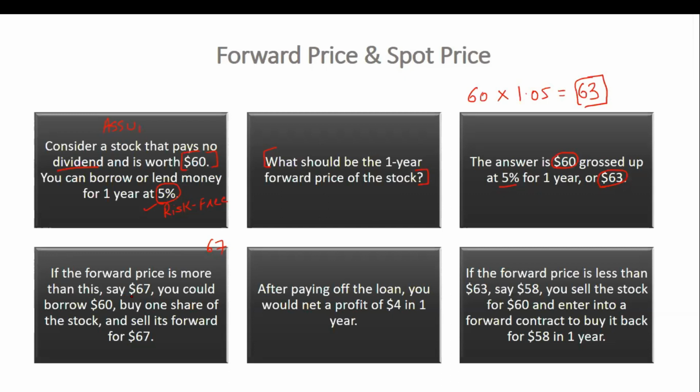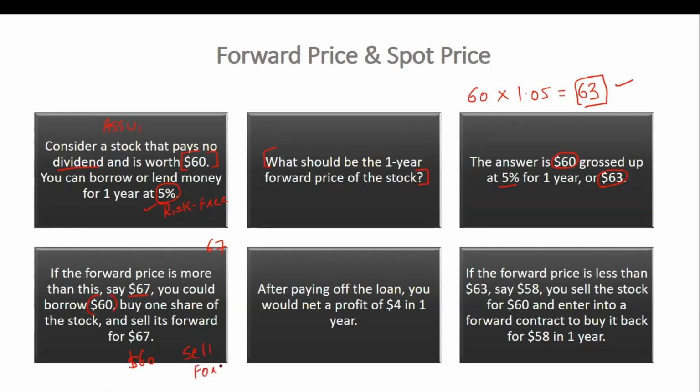So if the forward price is 67, we calculated that logically it should be 63. So what you can do is borrow money, $60, at the rate of 5% interest. From this $60, you purchase the stock, which costs $60, and you immediately sell the forward, right?